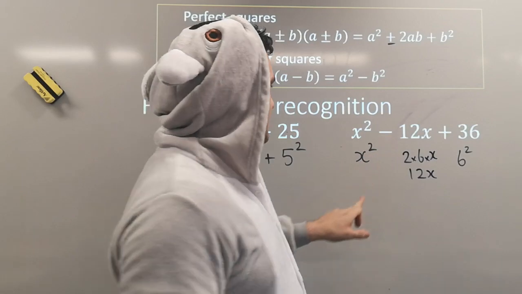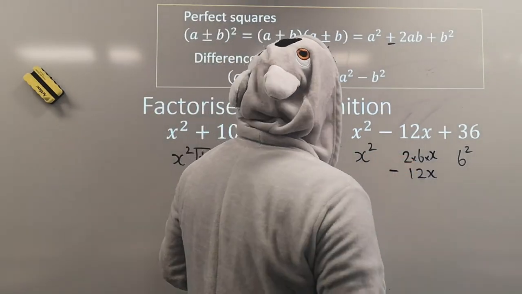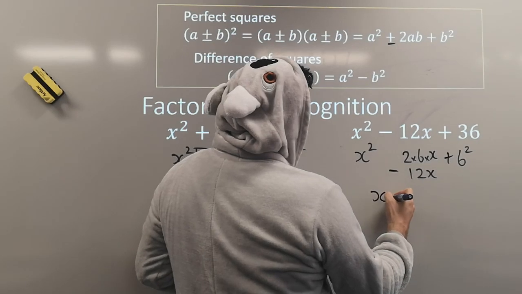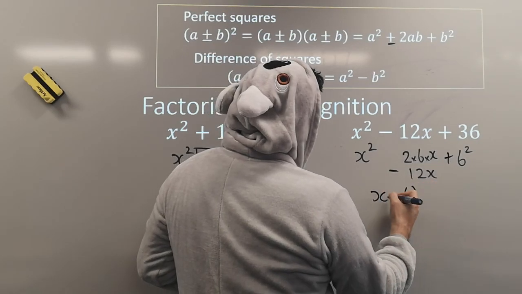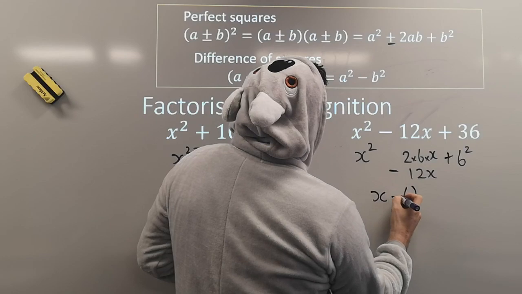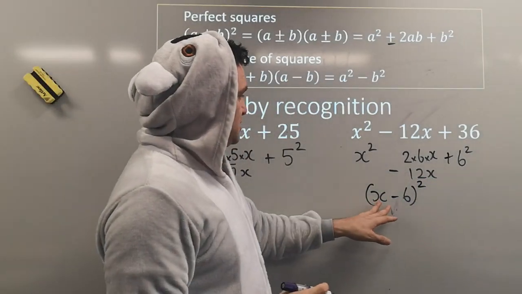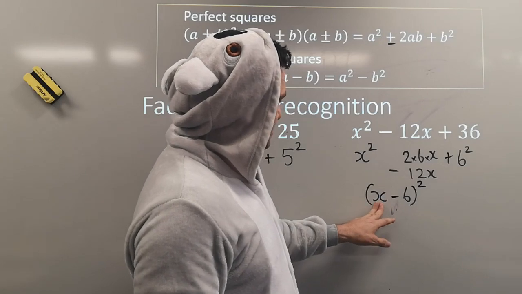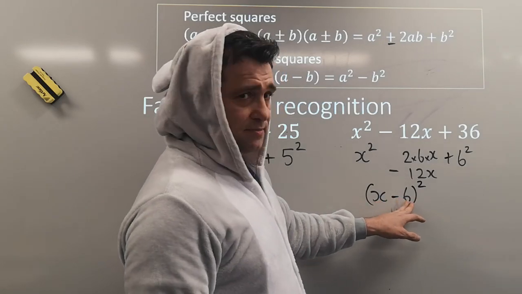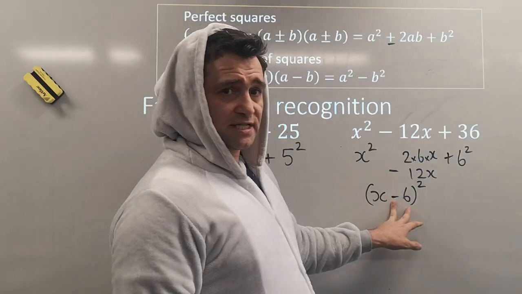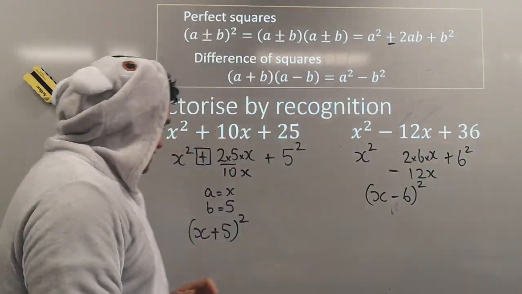We've got a negative here, which is our key, and a positive at the end. So we're going to end up with x minus 6 squared. Once again, if we do our check, we should have x squared minus 2 times 6x, so 12x, plus this number squared, negative 6 squared is 36, and it works out.